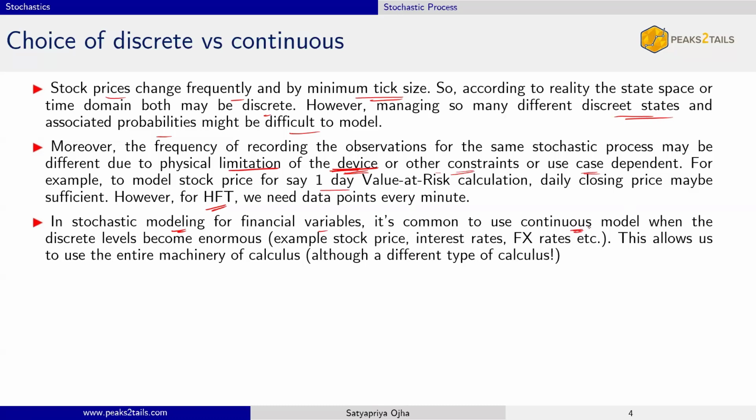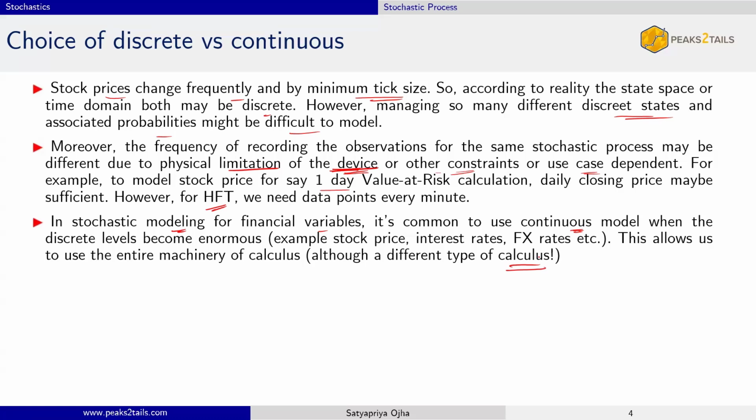Because if you use everything as continuous, then you can use calculus. Calculus is a study of continuous variables, because we are talking about infinitesimal change, right? So everything should be continuous. Time should be continuous, state should be continuous. Then you can use calculus as is, right? And calculus is so beautiful. So we want to use calculus.